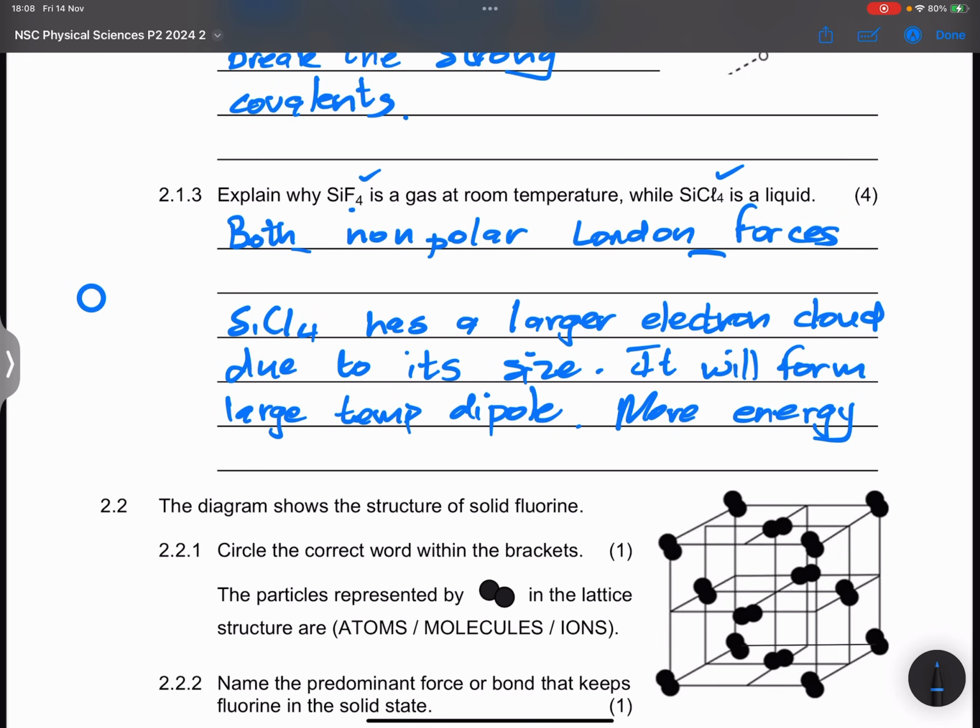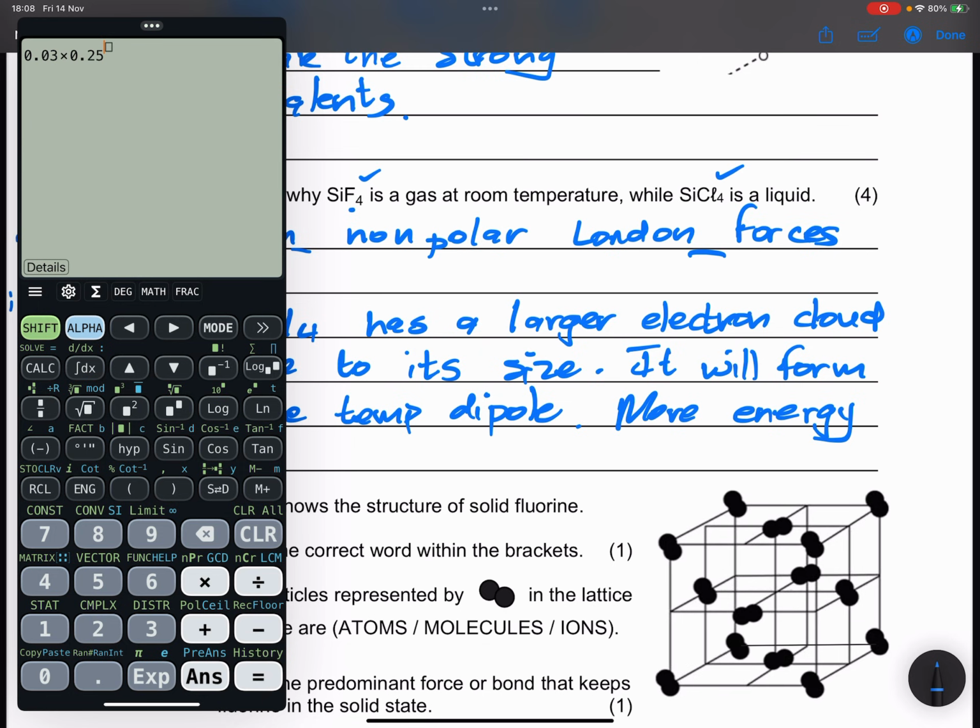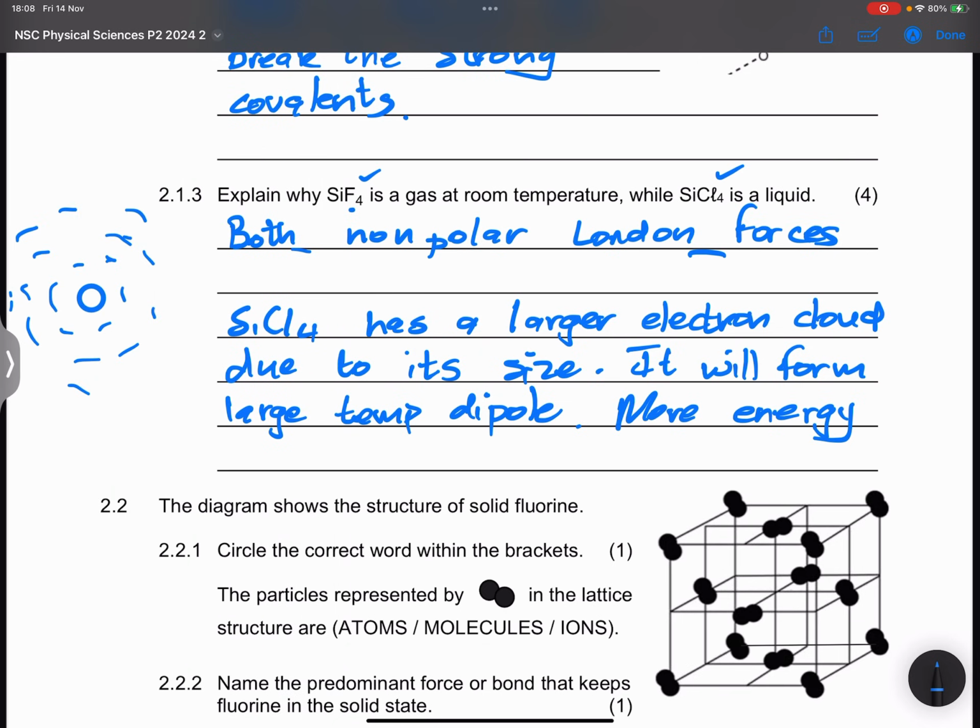And then when you look at chloride, on the other hand, you'll have 3 electron shells in this case, which means it would be much larger. So in this case, it will form a much larger electron cloud, and as a result, it will have larger temporary dipoles. So more energy would be required there. Right, now let's go to the next one.